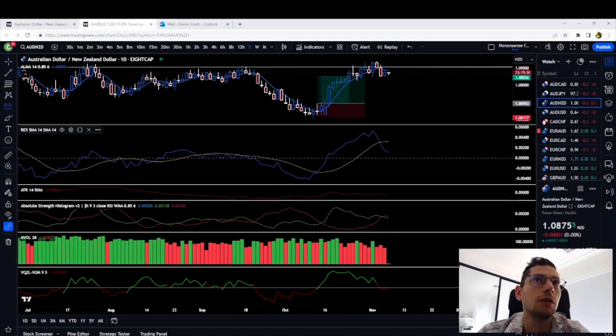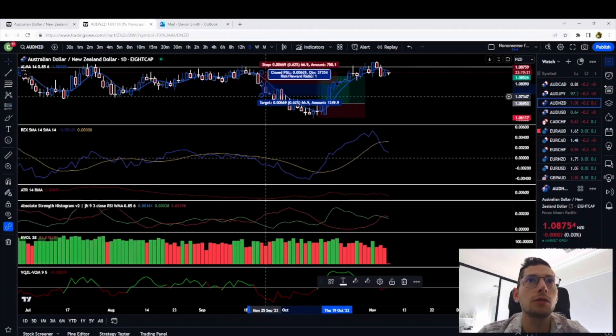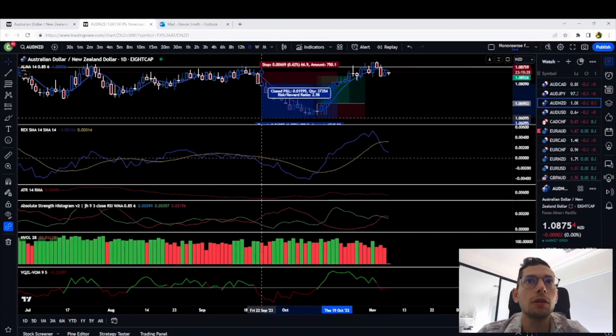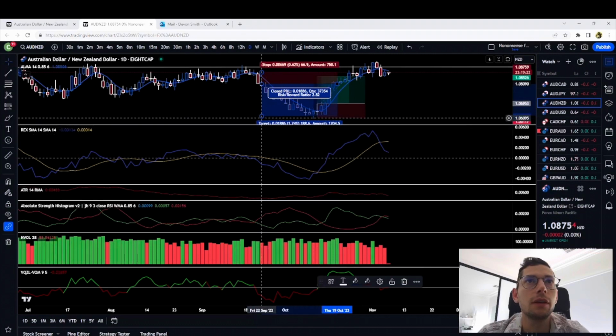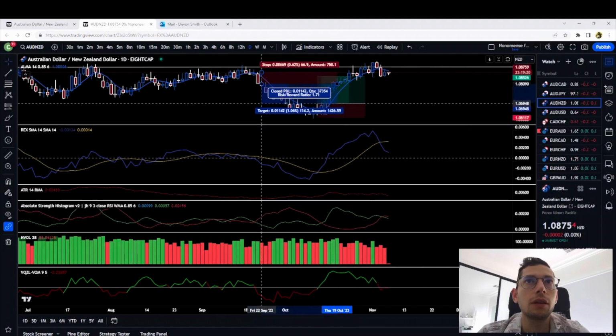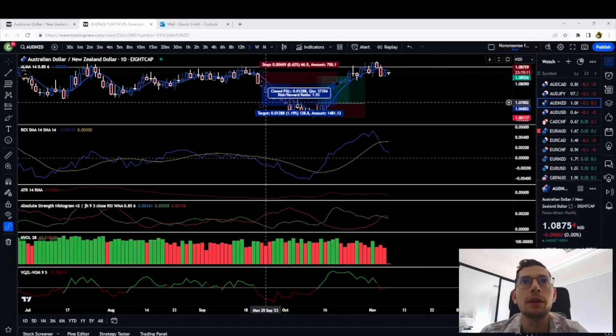If you shorted off the close of this candle here and rode that down, you would have gotten out at the close of this candle here, and that would net you around 126 pips.